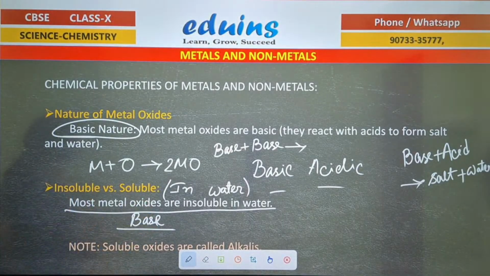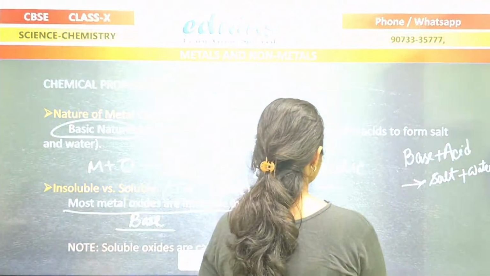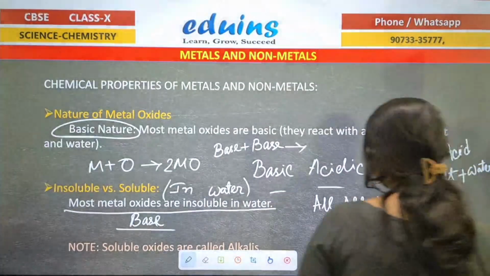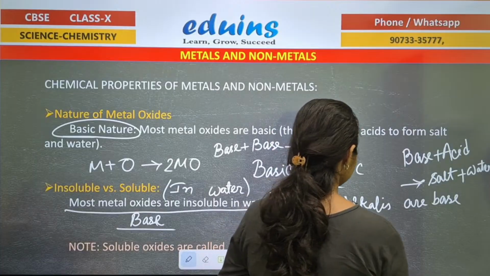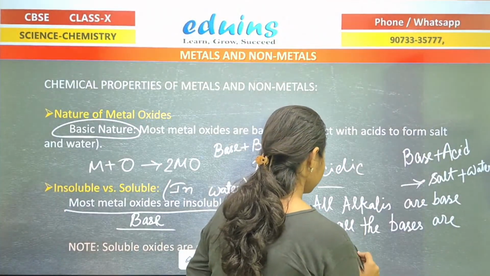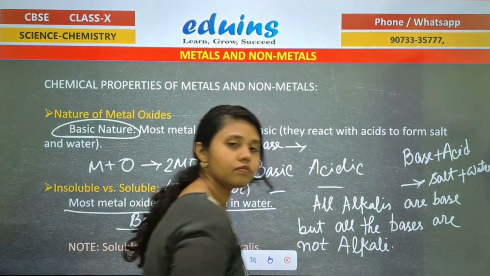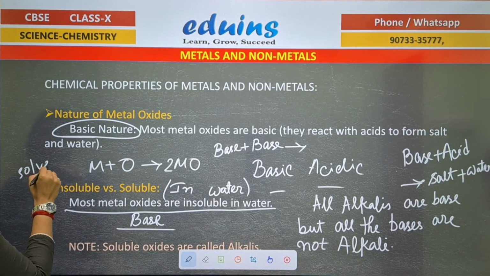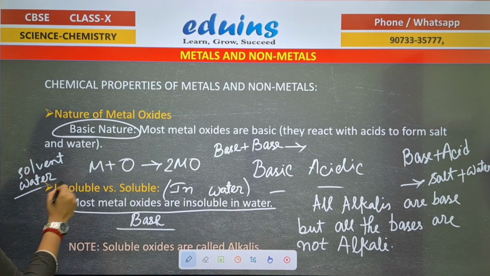So what do we get from it? The point is, all alkalis are bases, but all bases are not alkalis. From where do we get this point? Soluble oxides are called alkalis, and we know that the metal oxides are basic in nature. So when bases are soluble in water, the solvent being water, we call them alkalis.